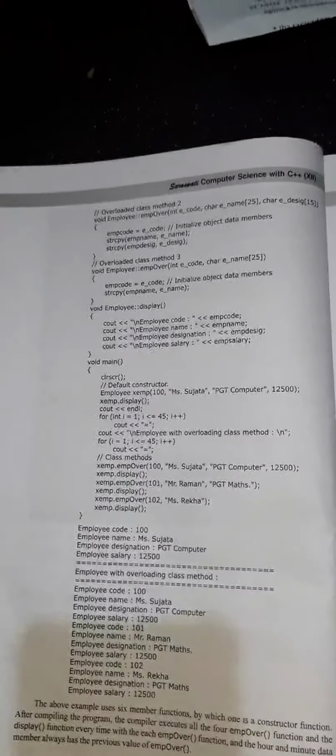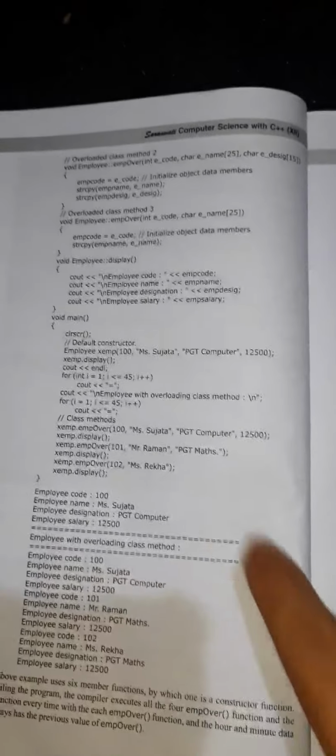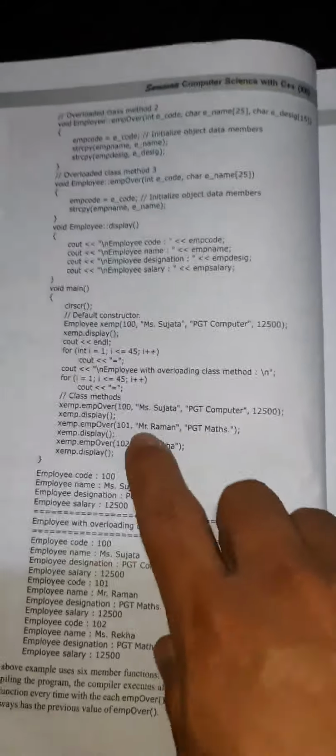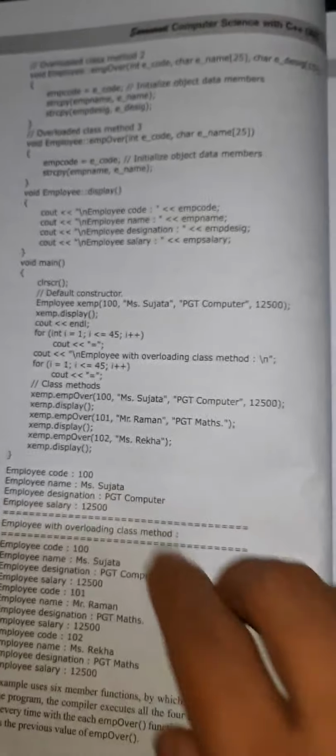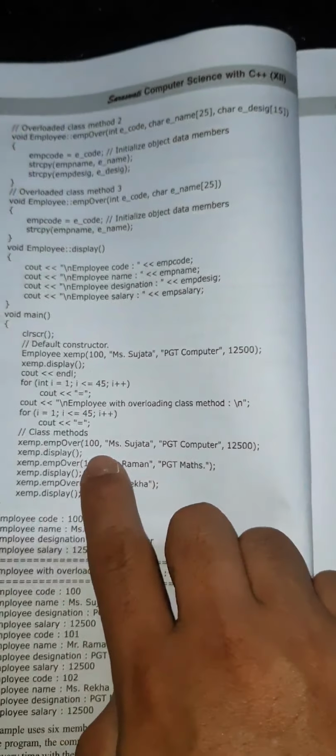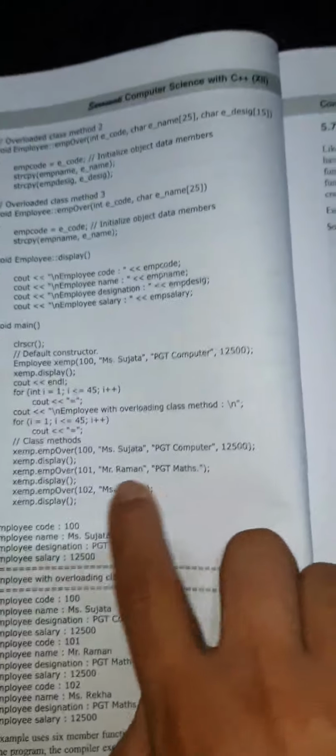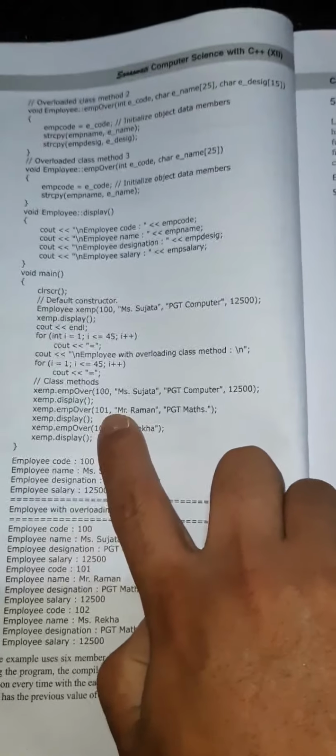If you have to create data for 100 employees, this way you can change the values of the employees using this overloading method. Not only that, the parameters can also be adjusted using this overloading method.